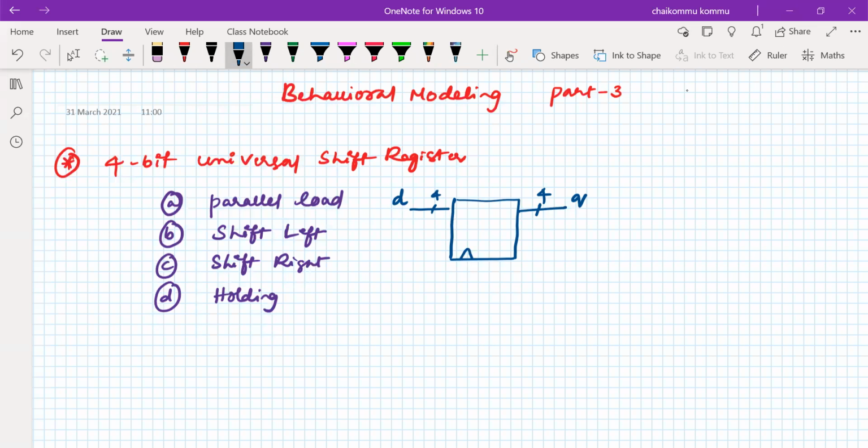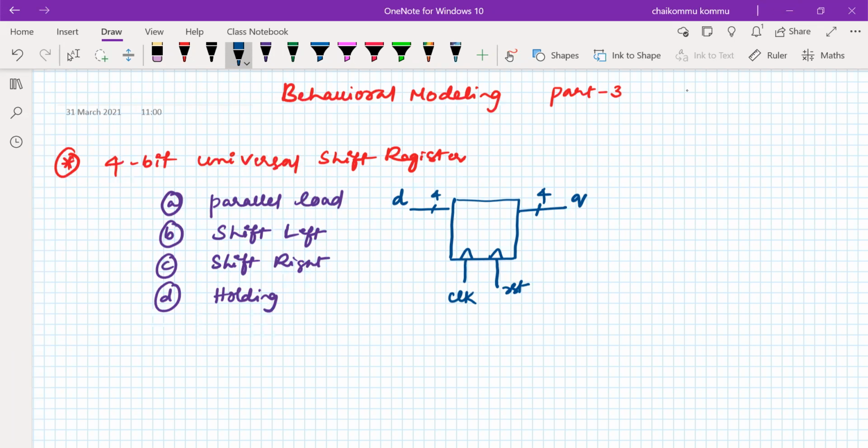This is actually a sequential circuit. Therefore, there should be a clock signal and a reset signal. Whenever we are doing the left shift or right shift operation, the vacant positions at LSB or MSB are filled with serial data, whatever data we want to give.